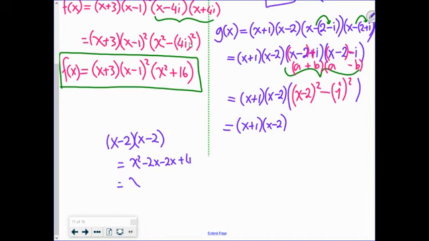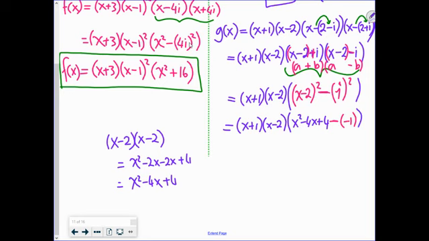So it is x squared minus 4x plus 4. So that was this pink part here, x squared minus 4x plus 4. Then we've got this minus here. And then we've got i squared, which is -1.